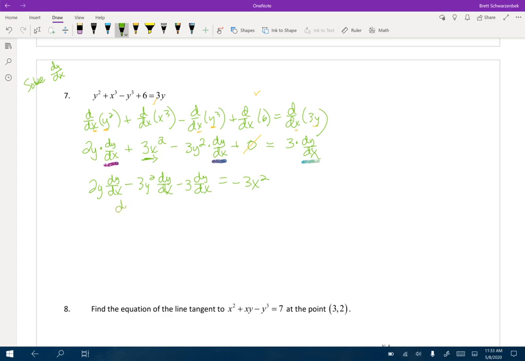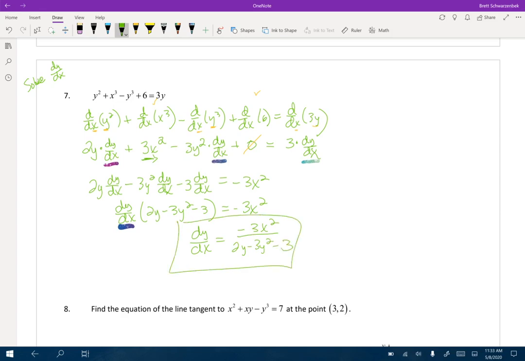You need to factor out the dy dx and get 2y minus 3y squared minus 3 is equal to negative 3x squared, and then, ta-da, we officially have 1 dy dx that is isolated, multiplied by this quantity, which means we can then divide that quantity to the other side and get negative 3x squared over 2y minus 3y squared minus 3. And this is the derivative of our implicitly defined equation in number 7.